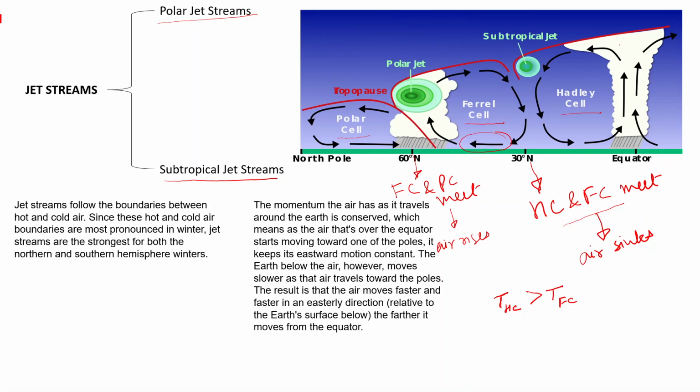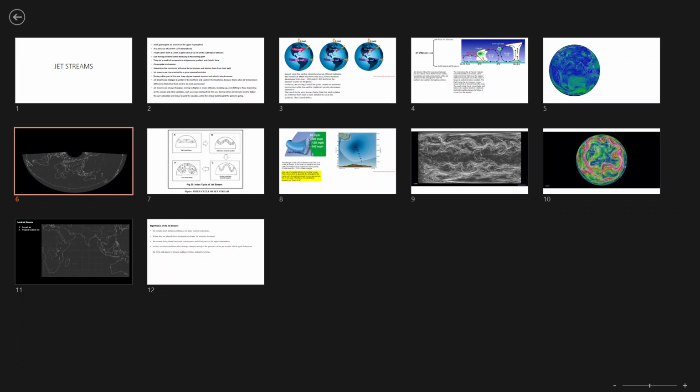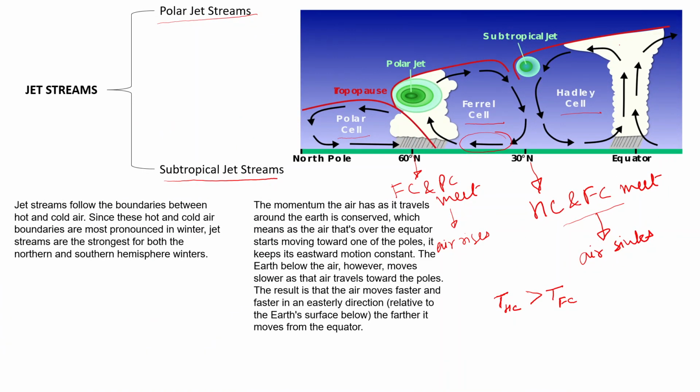Again, the temperature of air in the Ferrel cell will definitely be more than the temperature of air coming from the polar cell.